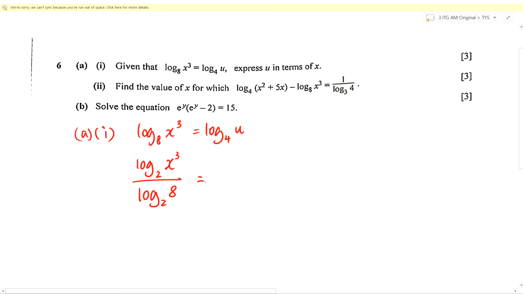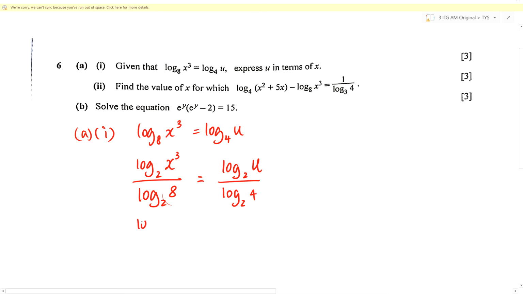So we do the same for the other side. Log base 2, whatever base you want, the number that is on top, that's our u, divided by log base 2 of the number at the bottom, which in this case will be 4. Now you should be happy to see things like log base 2 8, as well as log base 2 4, because as mentioned, we can change the 8 to become 2 power 3.